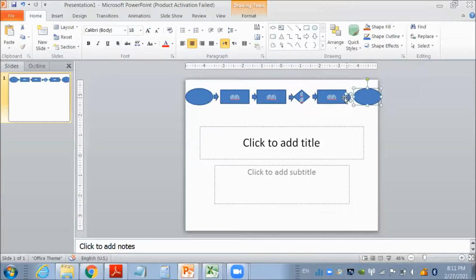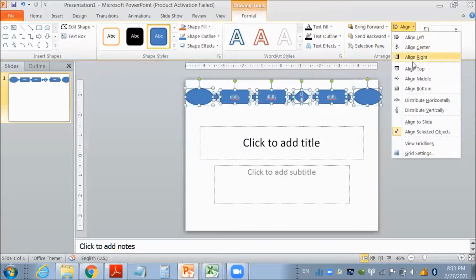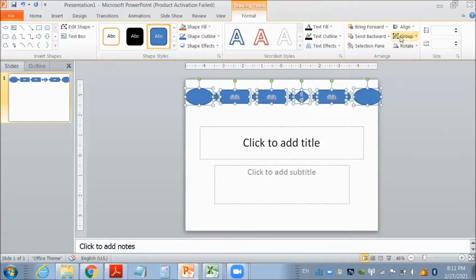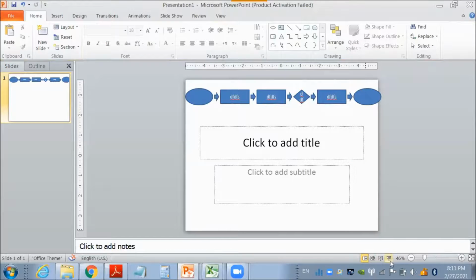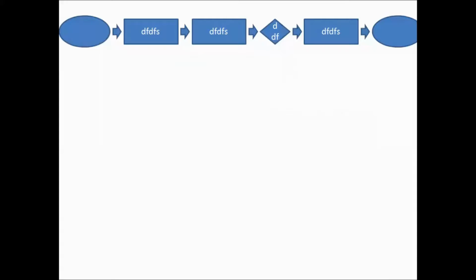Use them all and distribute again while holding shift. Format, align, center to the middle, align, distribute horizontally, and this is your process map.